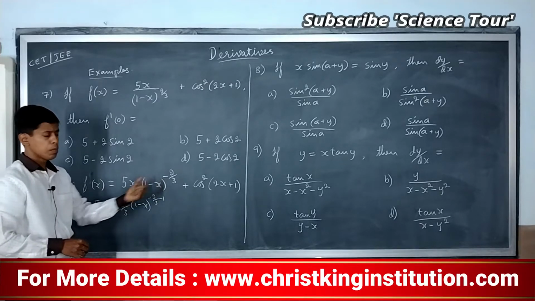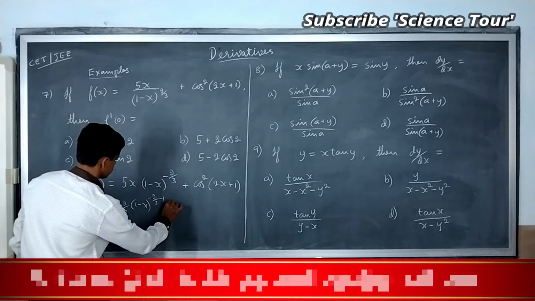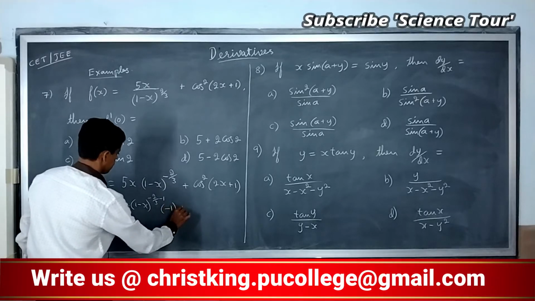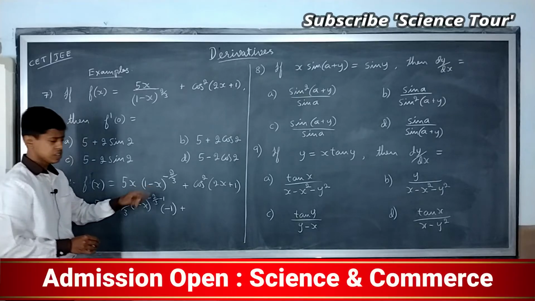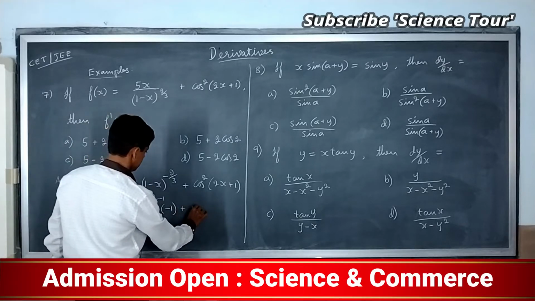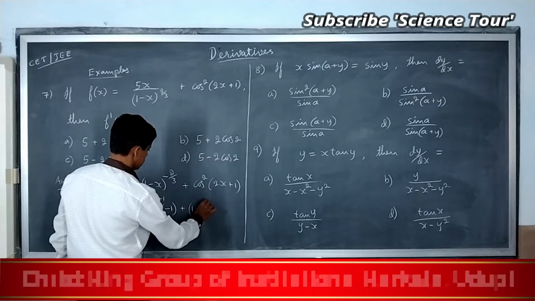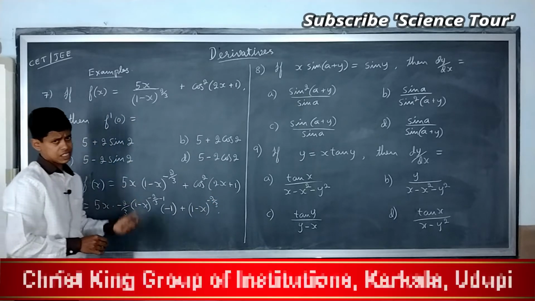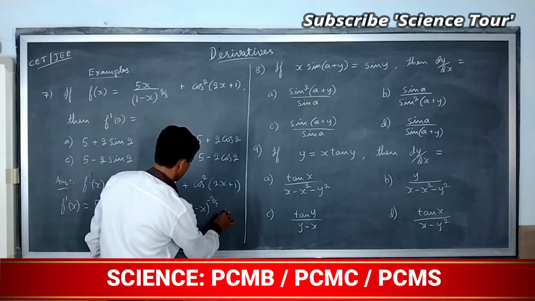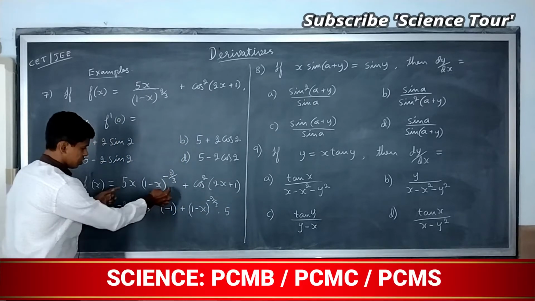Derivative of 1 is 0, of minus x is minus 1. So don't forget that. Plus next this function as it is, 1 minus x to the power minus 2 by 3 into derivative of 5x. So derivative of 5x is 5. So much for the first one.